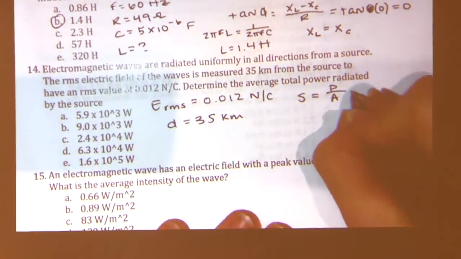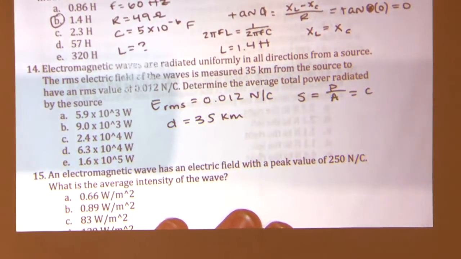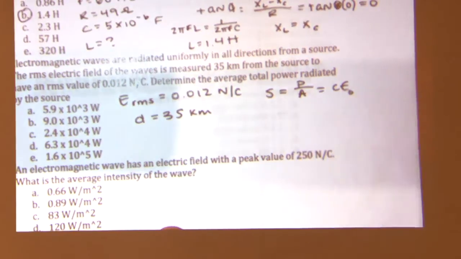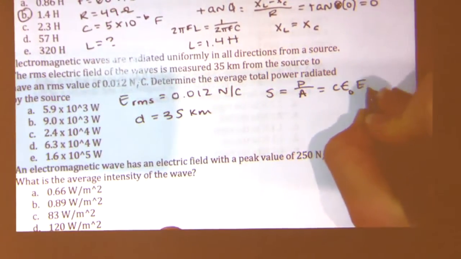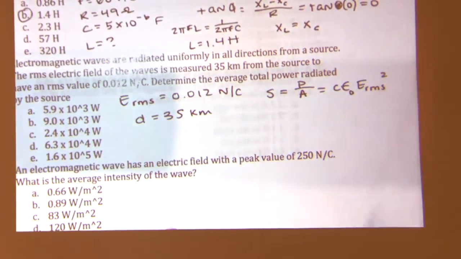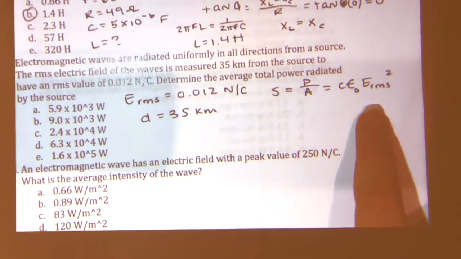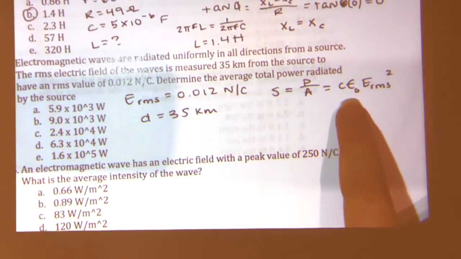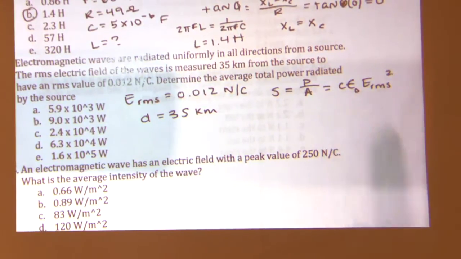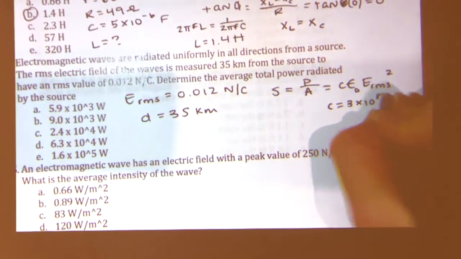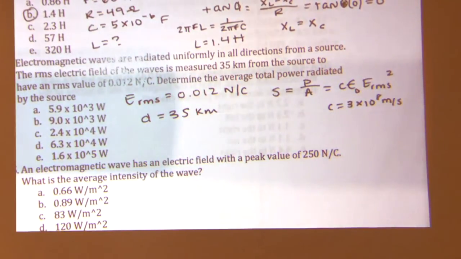And this is also equal to C, the speed of light, times epsilon naught times E RMS squared. We were already given our E RMS. Epsilon naught and C are both constants. C is the speed of light, 3 times 10 to the 8 meters per second.